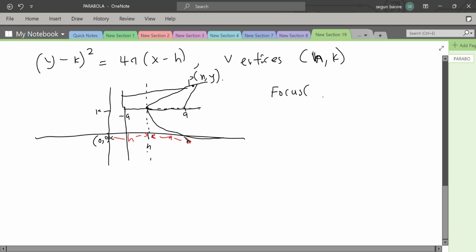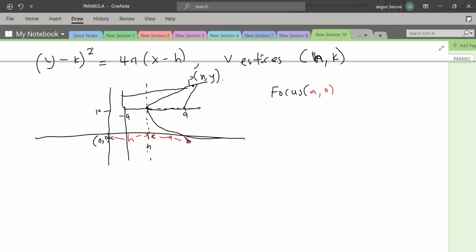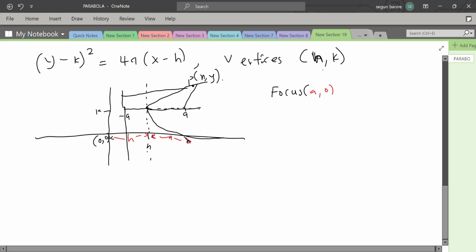So your focus is, that is exactly what I explained, that it has shifted forward by h and k. Originally the focus is a comma 0, but in this case, since the whole thing has been shifted by h and k, you just have to add it to what you have before. So now your new focus will be a plus h comma k.